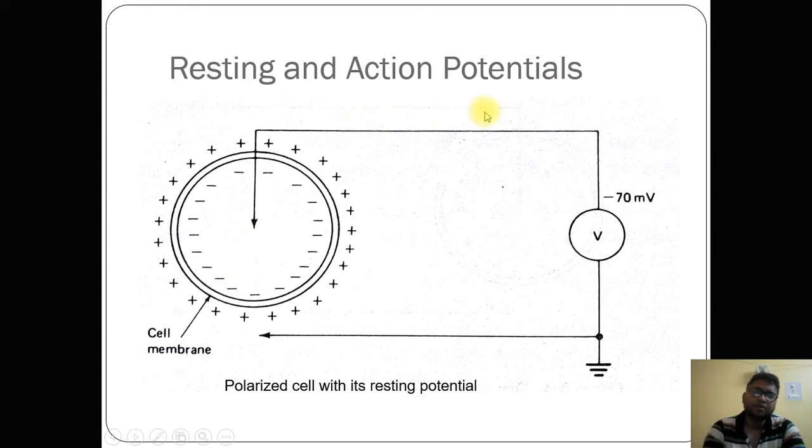Now when the cells receive some kind of excitation, the sodium channels open up, and the positive charge is because of the Na+ ions. These Na+ ions try to move inside the cell, and they force the K+ and Cl- ions to move outside.